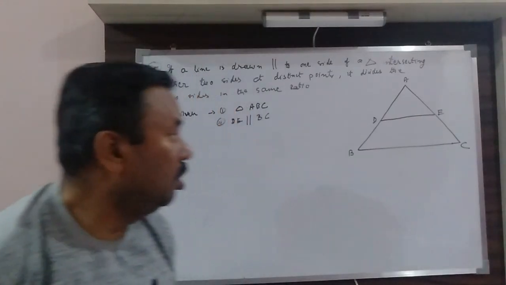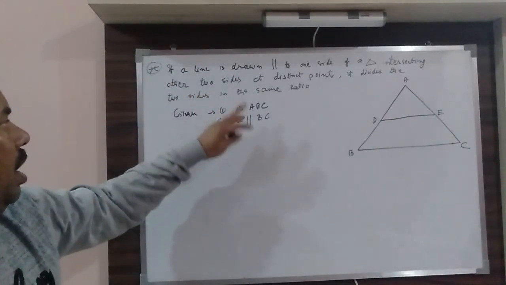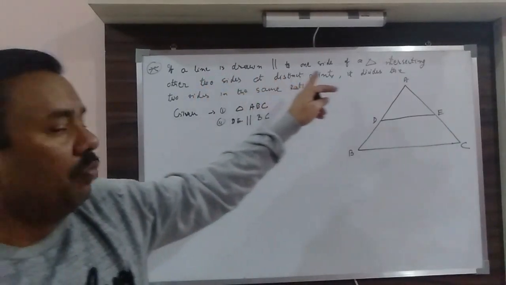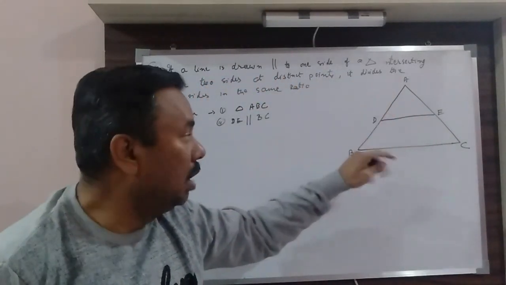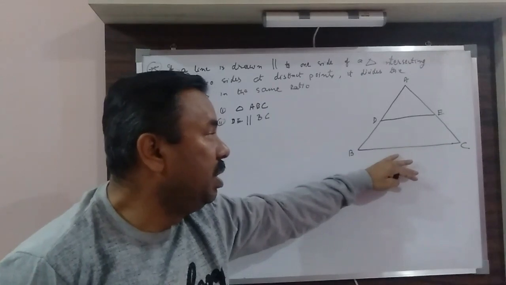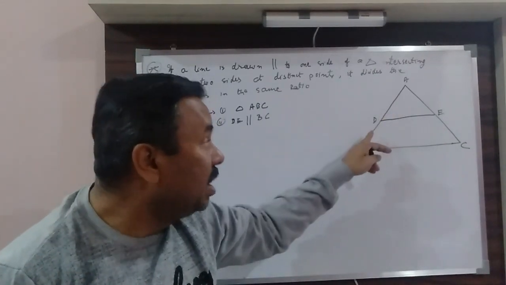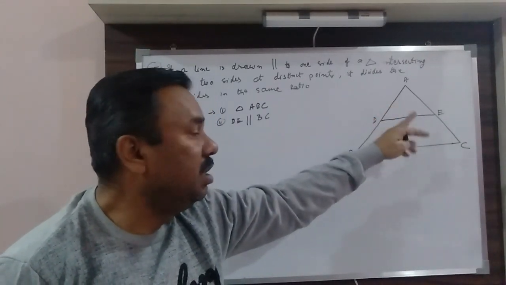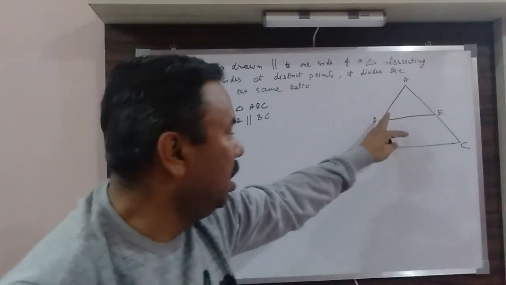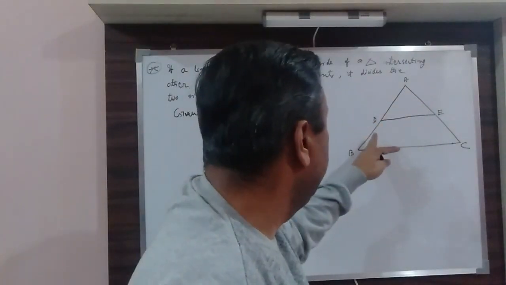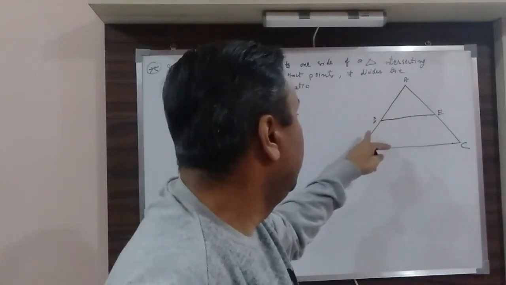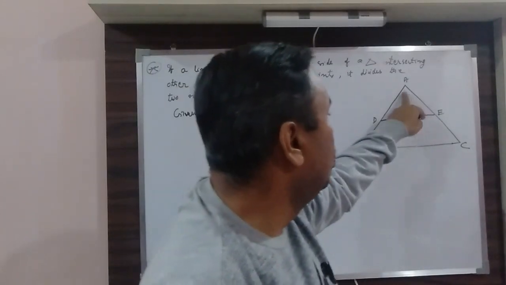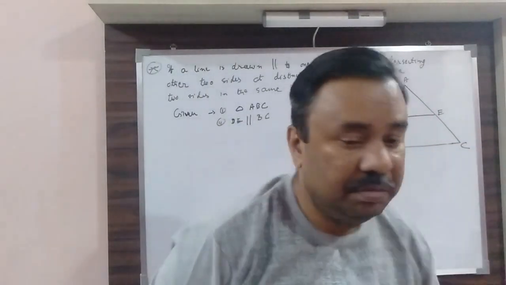So what the theorem says is, if a line is drawn parallel to one side of a triangle, that means DE is drawn parallel to BC, it will be dividing the other two sides in the same ratio. So the ratio AD over DB will be equal to AE over EC.